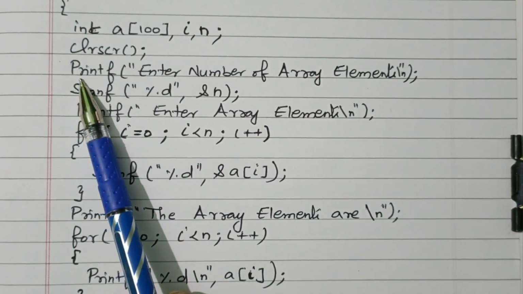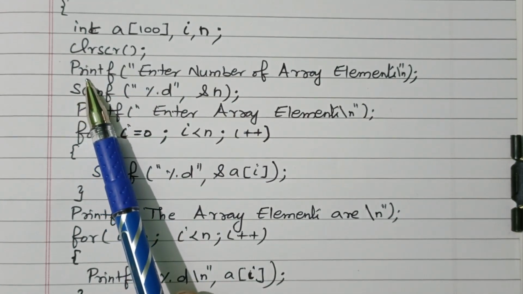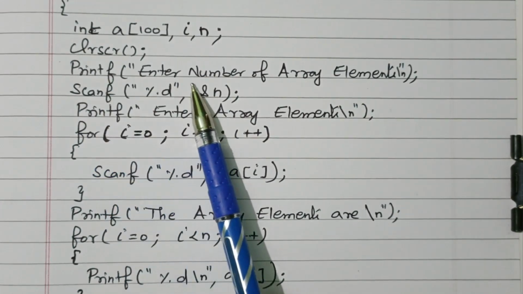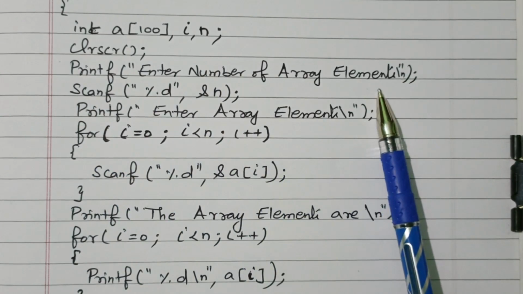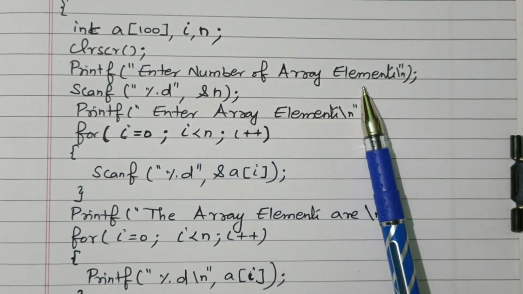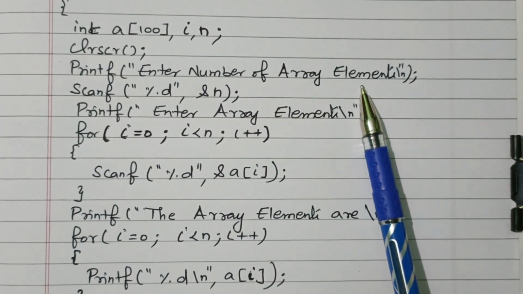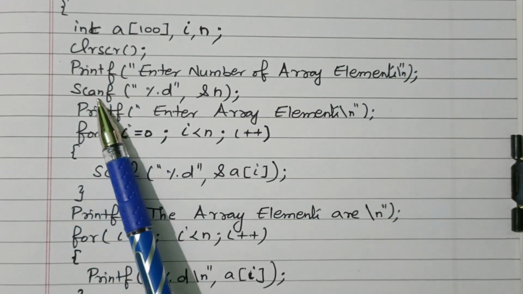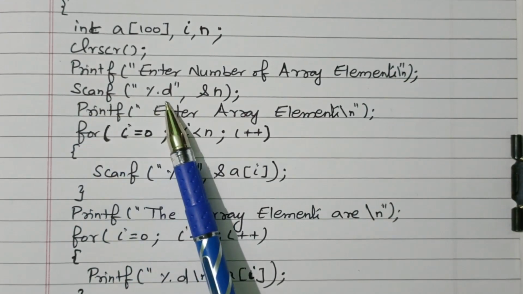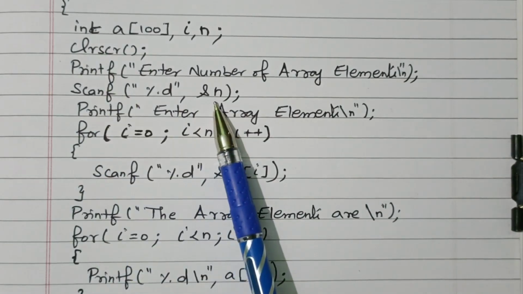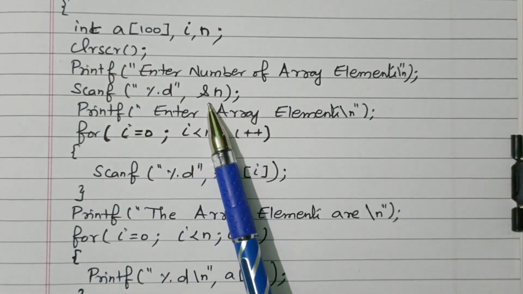Then we ask the user to enter the data, how many elements they are going to use, by using printf. Printf, enter number of array elements. We are asking the user to enter the number of elements. So the user will enter how many elements they need. That is read by the scanf statement. Scanf %d, where %d refers to integer type, and &n means the address of n.